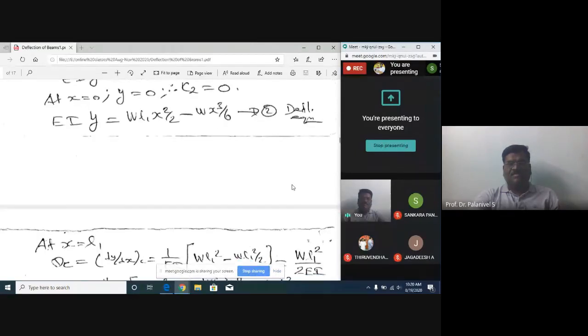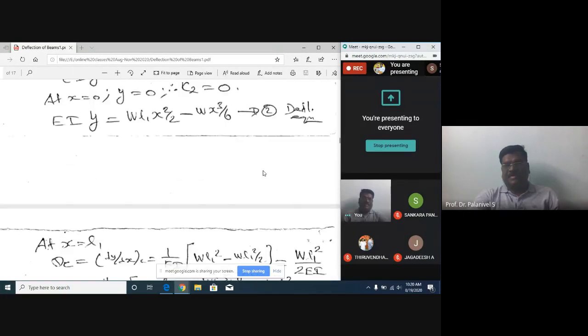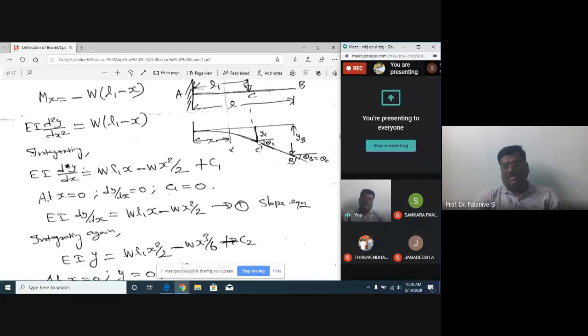This is the way we have to determine it. Everything is approximated. YB equals YC plus L minus L1 into theta C, arc length. Please try to understand. This length is L minus L1, into theta C. The angular rotation here will give you the further deflection here. That's why YB is equal to YC plus L minus L1 into theta C.